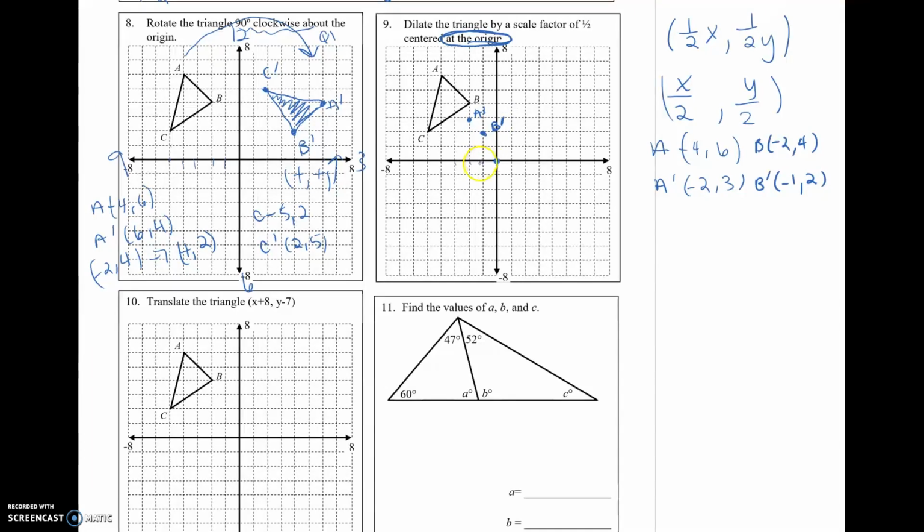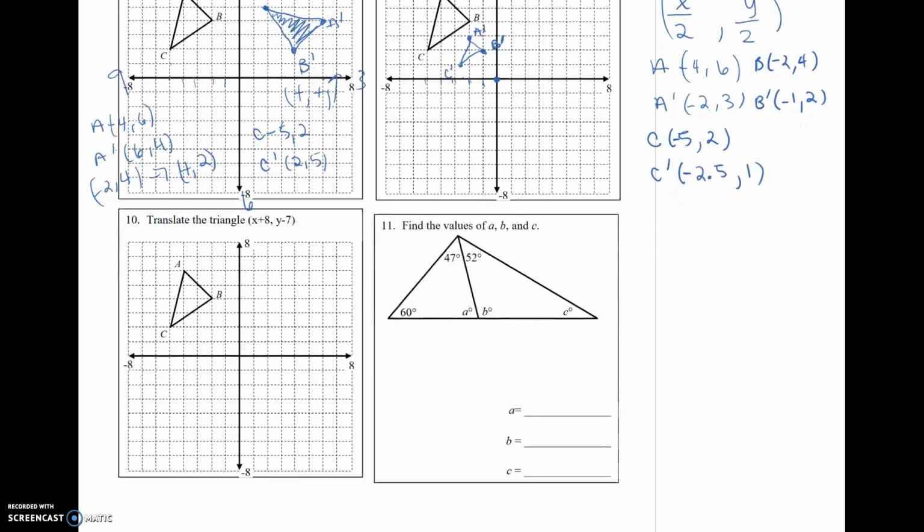And then if C is currently at -5, 2, when I divide that by 2, I'm going to get -2.5, 1. So I'm going to go over 2 and a half, and up 1, and I'm going to put my point right there, and that's going to be my C prime. And then we get this cute little triangle when we do that. So that is our transformation.